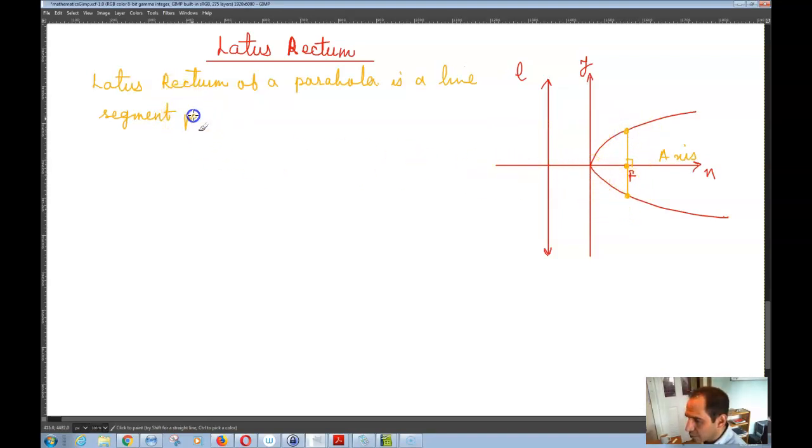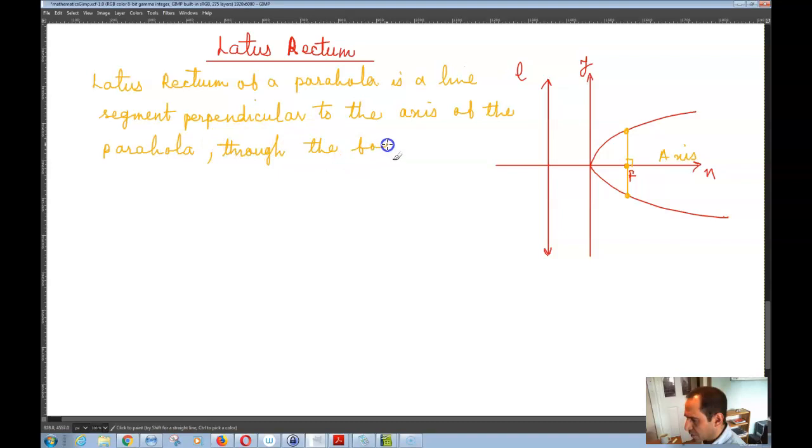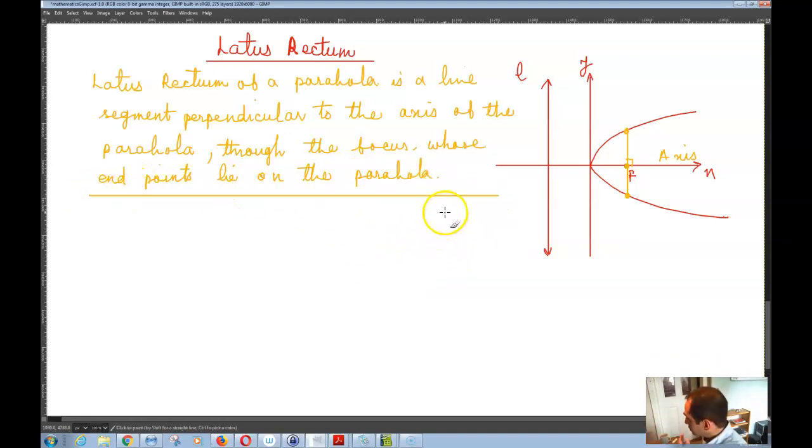It is a line segment perpendicular to the axis of the parabola through the focus whose endpoints lie on the parabola. That is called the Latus Rectum of the parabola.